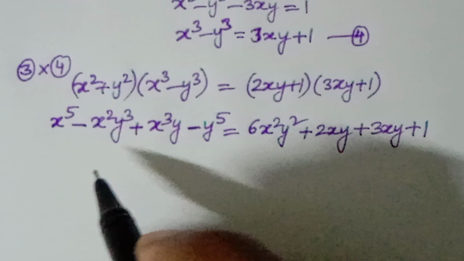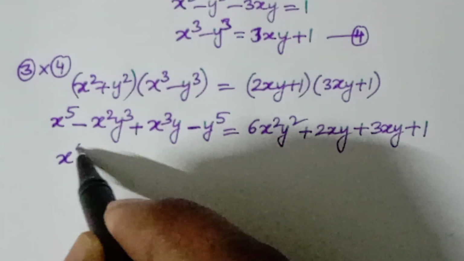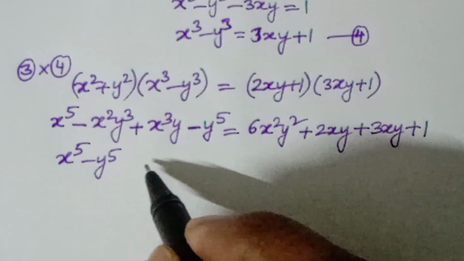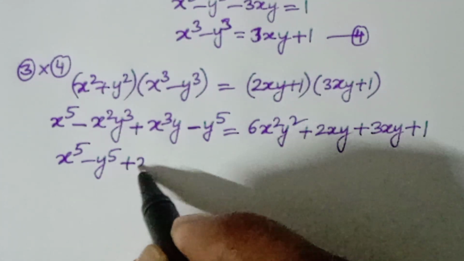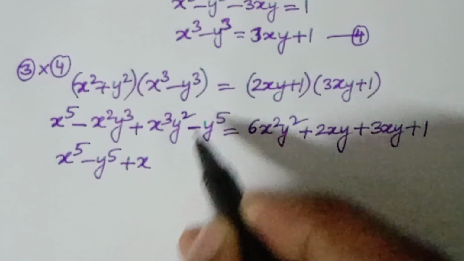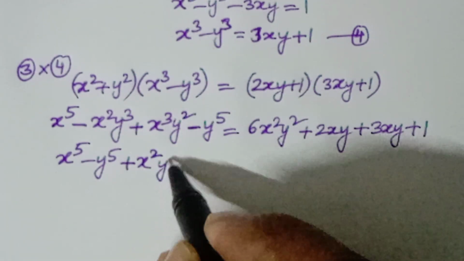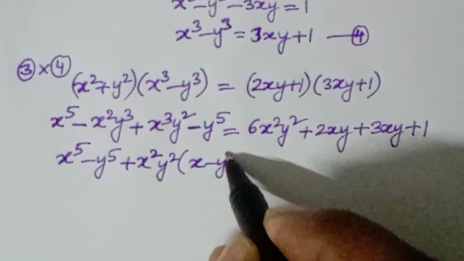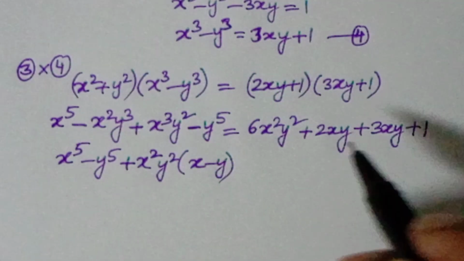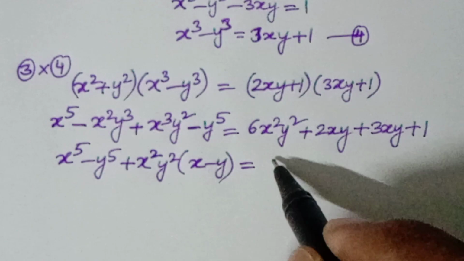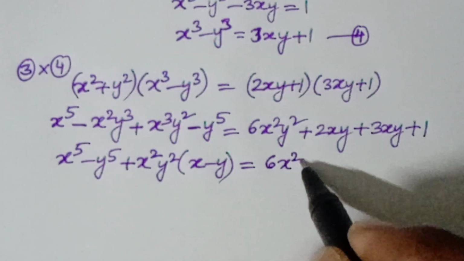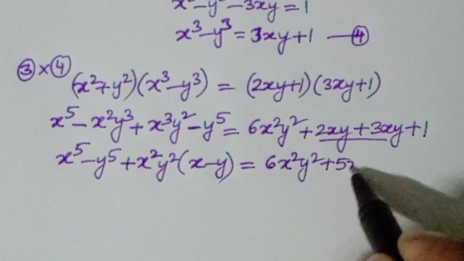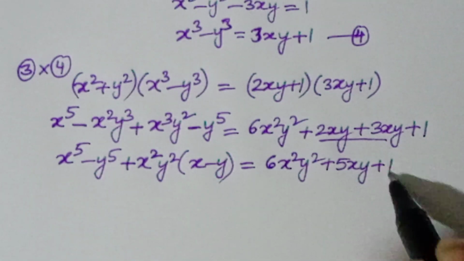So here we want x power 5 minus y power 5 value. So here you can take x square y square common. X square y square common. Here you will get x minus y. So in the RHS, 6x square y square, plus 5xy plus 1.